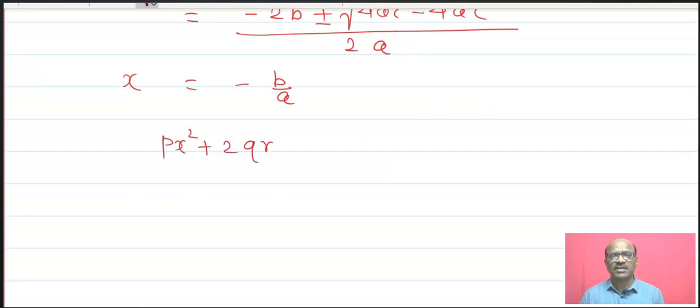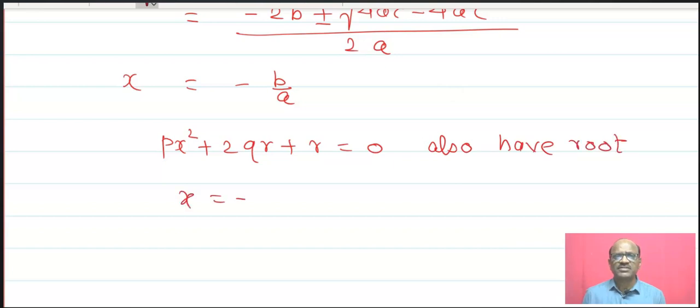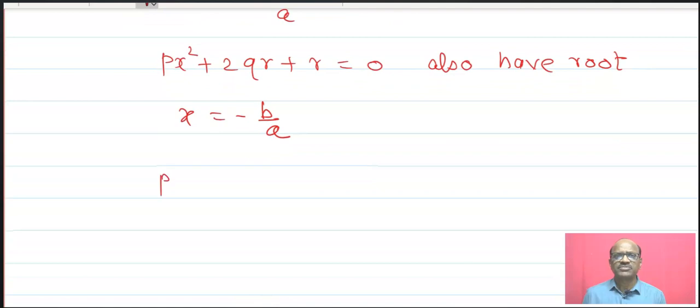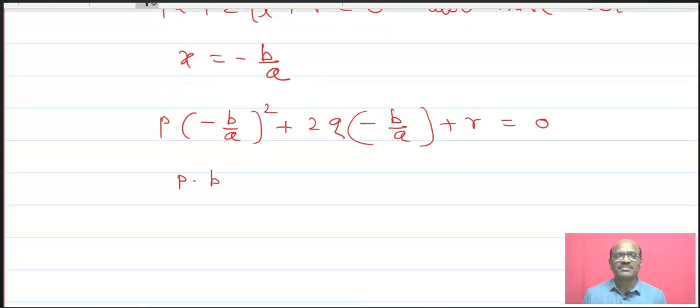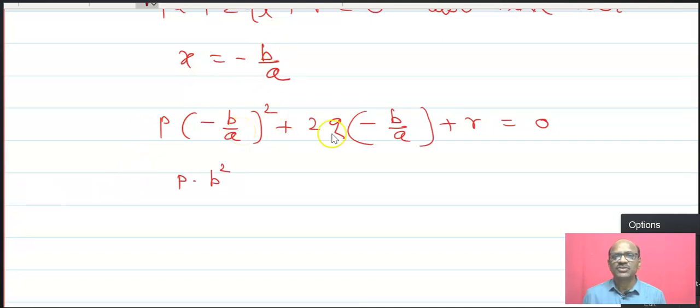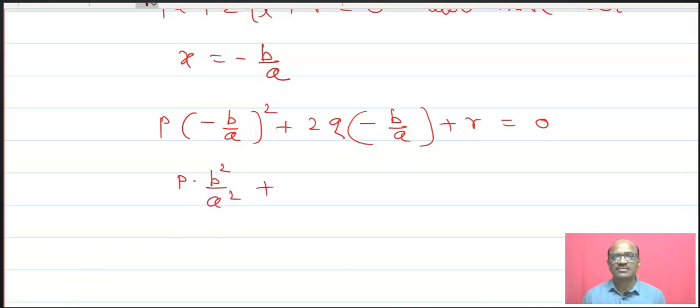Therefore, now this is also the root of this quadratic equation px square plus 2qx plus r. We'll substitute here, replace the value, that is p in bracket the value of x plus 2q the value of x plus r, and now we will simplify here, that is p dot b square upon a square minus 2bq upon a plus r equals to 0.